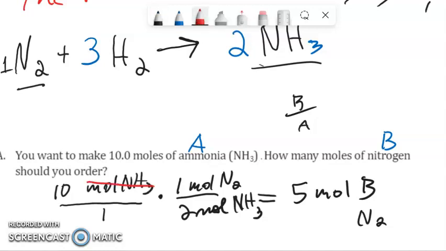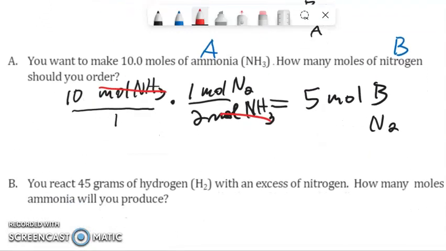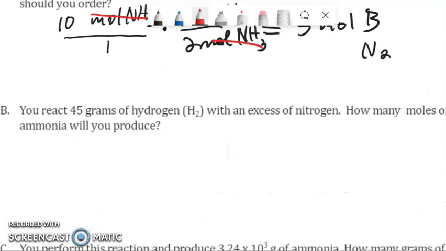So moles of ammonia cancel out, and we're left with moles of nitrogen. Once you have problems that use 2 substances, you need to actually not only label your units, but you label them as units of a certain substance to help you keep track of things. All right, let's try another.